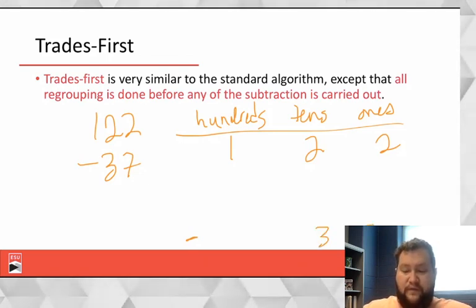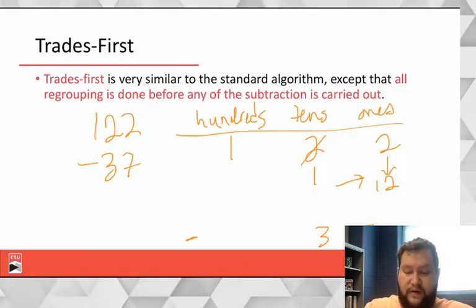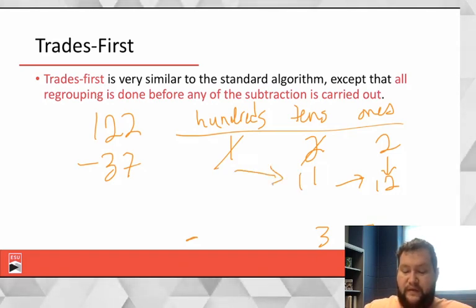Well, I don't have enough ones, so we'll regroup this to 110, and then this becomes 12 ones. And then we can't take a 3 away from that 1 ten, so this 100, we have to rebundle over, and we get 11. And so we have 12, and I'm going to rewrite these in a different color.